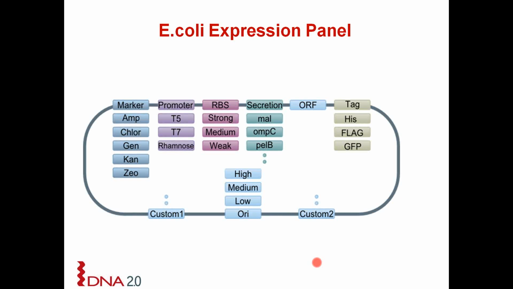But proteins can be fused to affinity tags, secretion signals, and different solubility enhancing domains or fluorescent proteins. So we try to create as many optimal combinations of these elements to best express a wide variety of proteins.